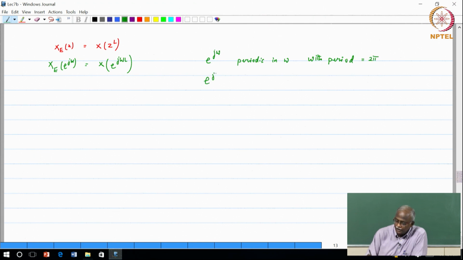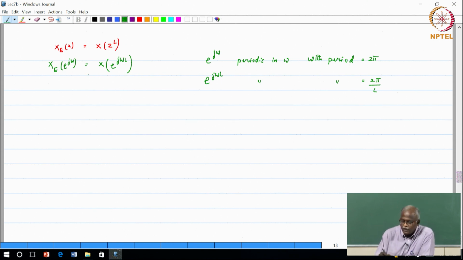X of e power j omega L by the same token is periodic in omega, because you just multiplied omega by an integer factor, which did not affect the periodicity properties. This is valid with period equal to 2 pi divided by L. So the period of the function has shrunk, or in other words there is a very interesting change in terms of the property of the underlying function.